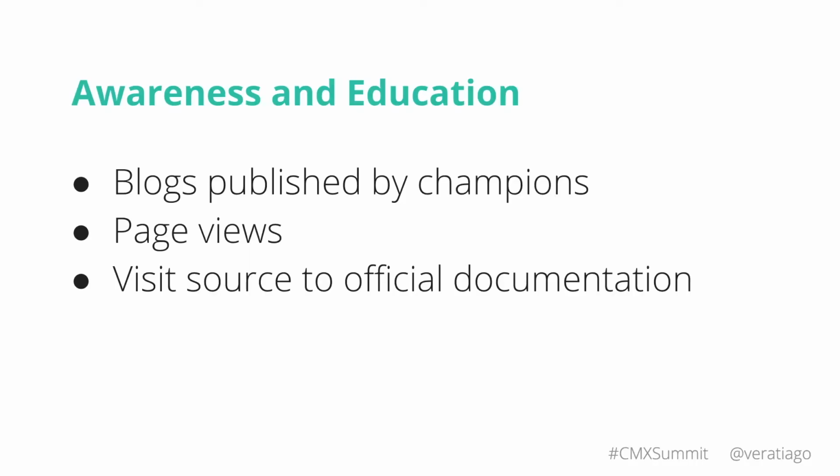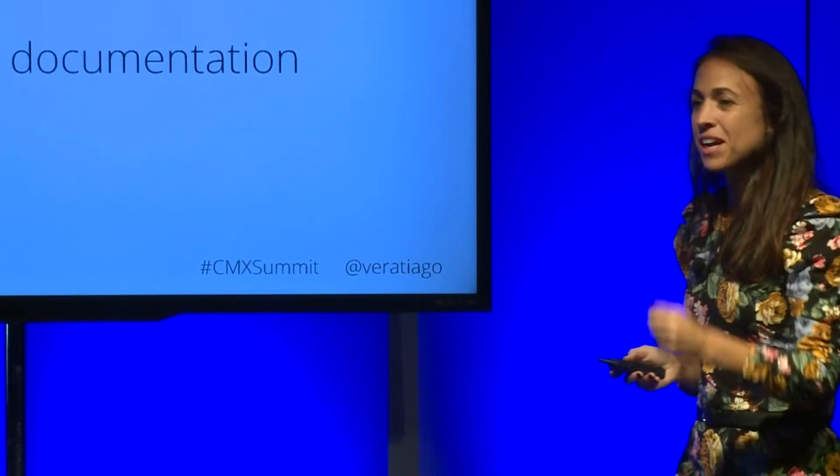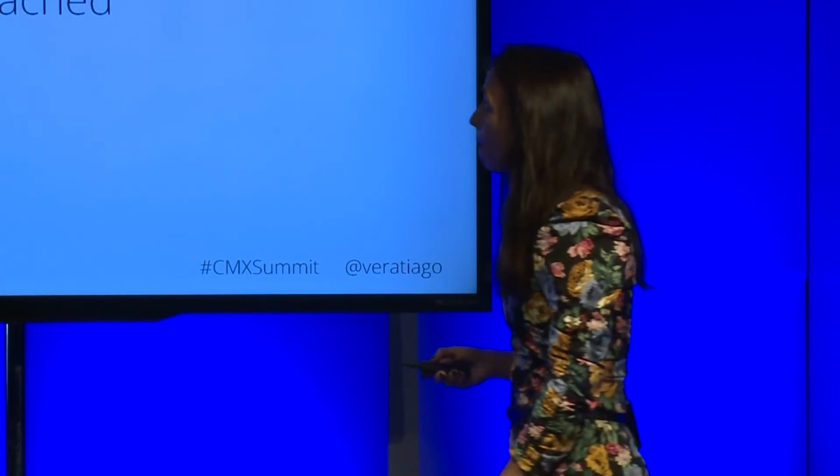Awareness and education can be how many blogs your champions published in the last month or in the last quarter. It can be page views on these blogs. It can be referrals, because if you educate them, okay, write this blog post, but put a link to our main page because you want to generate traffic, you can also measure that.